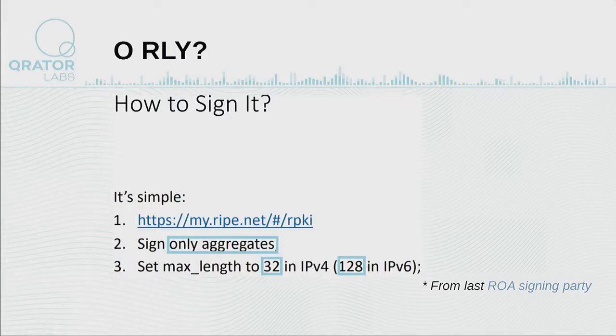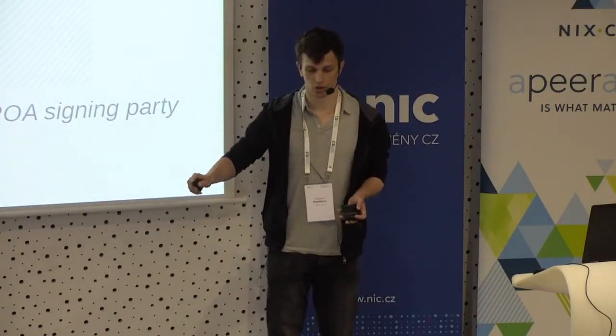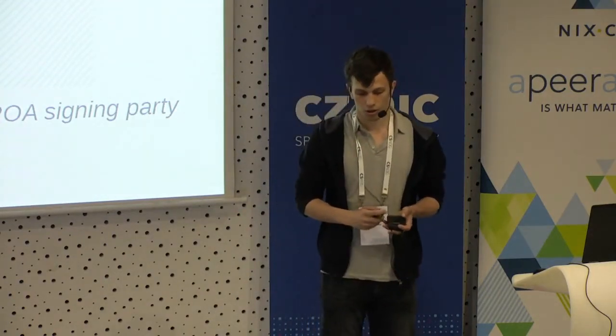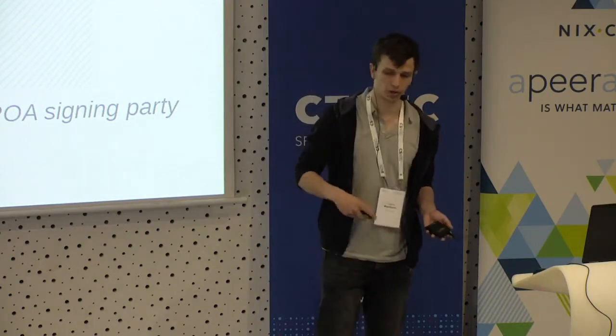And it's understandable because, for example, you need to have a blackhole capability when you are trying to blackhole a specific IP address, and you're thinking it should be valid. And this is why you can sign only aggregates, to make fewer ROA records, otherwise you would need to sign a larger amount of records.